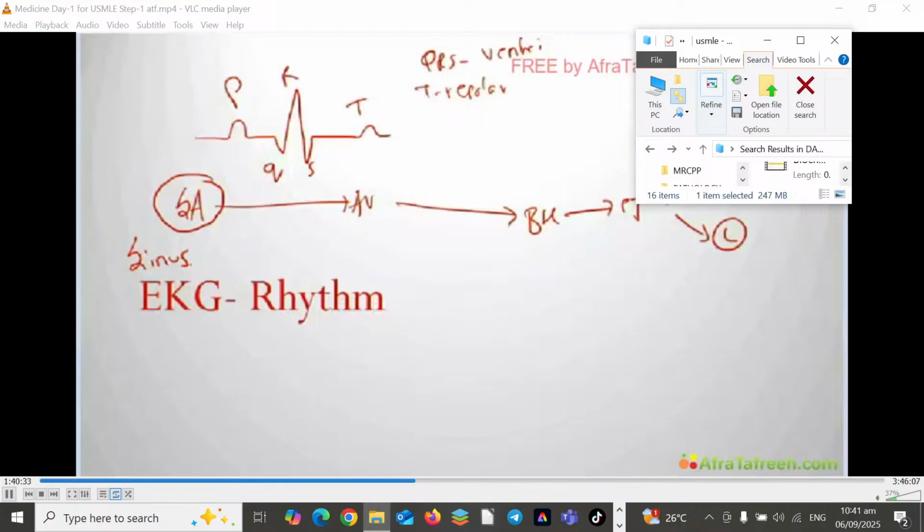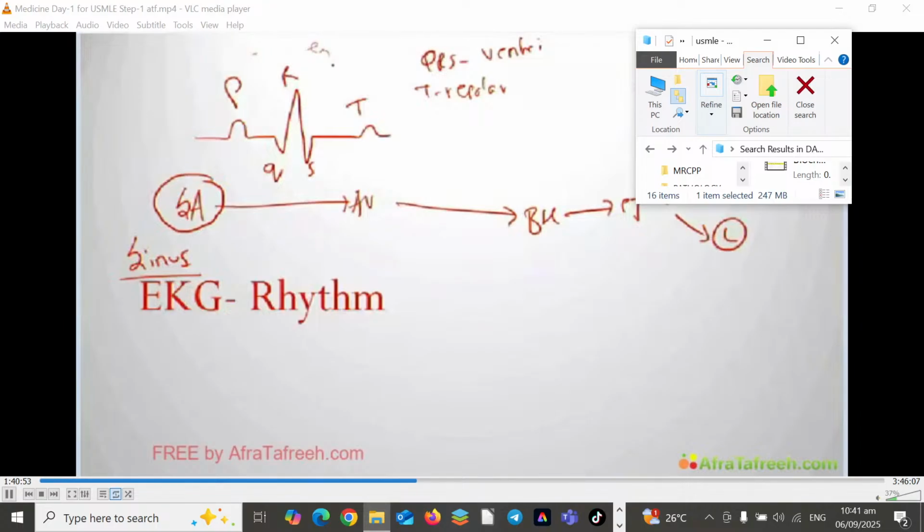So we have the sinus node, and when it goes from the sinus node downwards, this is called the sinus rhythm. Any rhythm where the P wave is followed by the QRS, that means the atria contracts and then the ventricle contracts, is called a sinus rhythm.